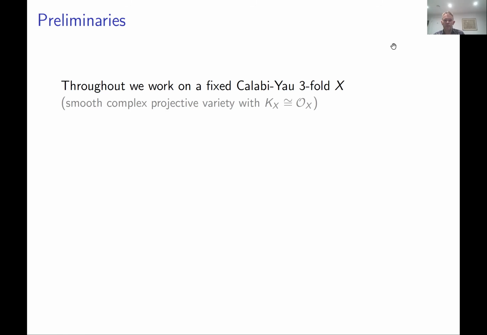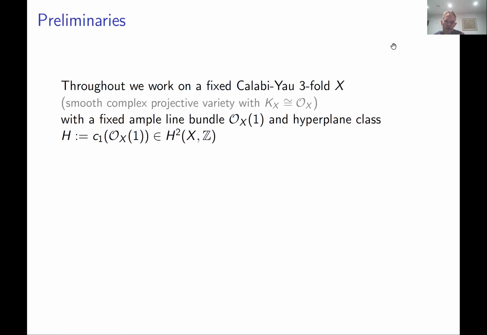Okay, so the basic actors are a Calabi-Yau threefold, which is fixed throughout. An ample line bundle, that's for the purposes of defining stability. So we fix that. We also understand the dependence on what happens if you change that.